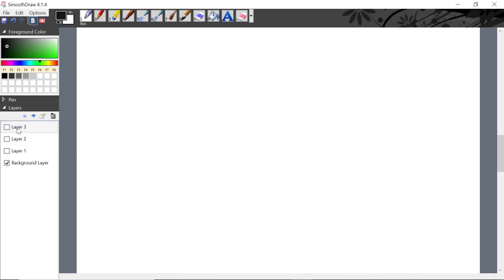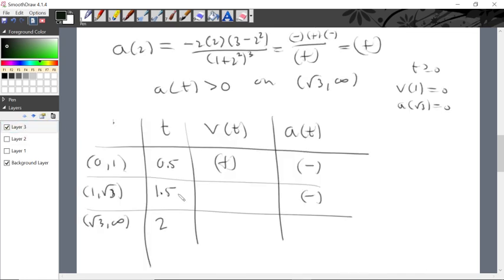So at a time value such as 1.5, the velocity was negative. Here we have that both velocity and acceleration are negative, so it is speeding up on the interval from 1 to root 3.